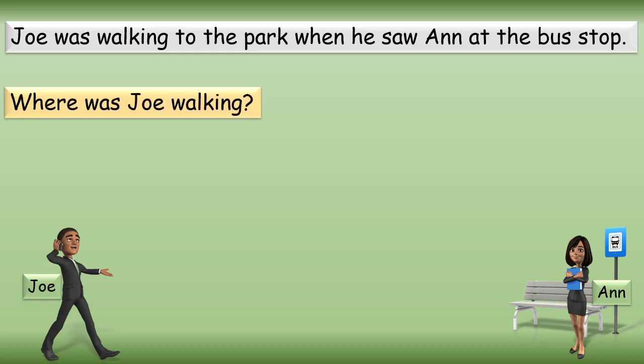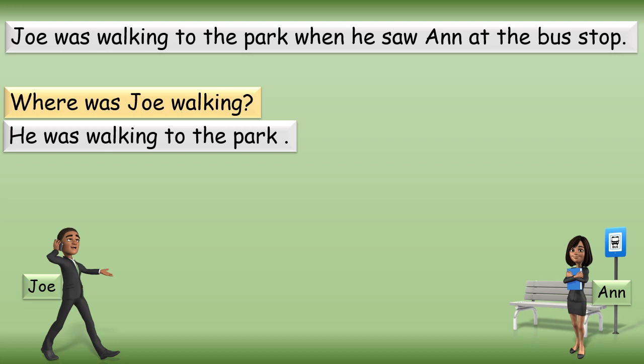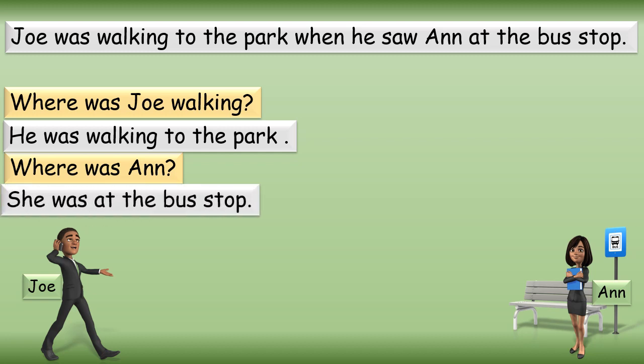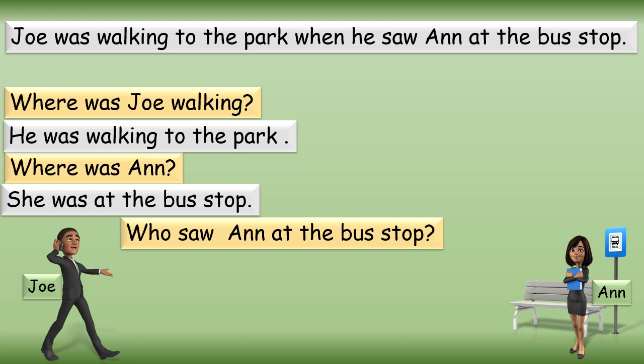Where was Joe walking? He was walking to the park. Where was Anne? She was at the bus stop. Who saw Anne at the bus stop?